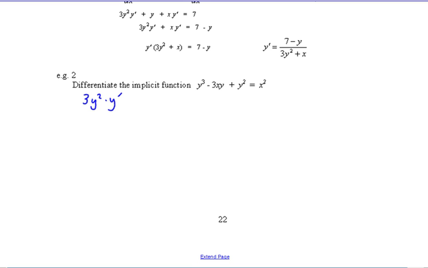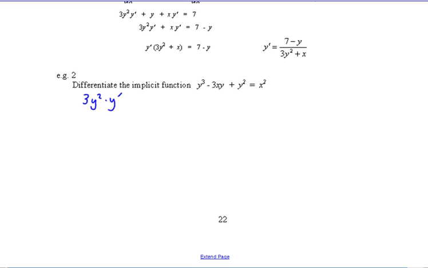It's because of the chain rule. The inside is y, and the derivative of y is y prime. So it's like a hidden factor, because y is a function, not a variable, and that's why.